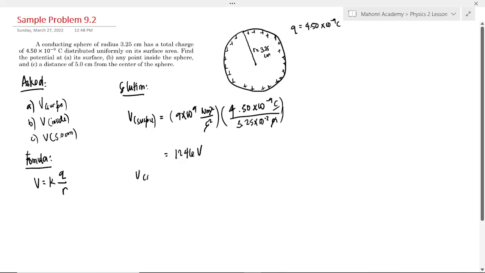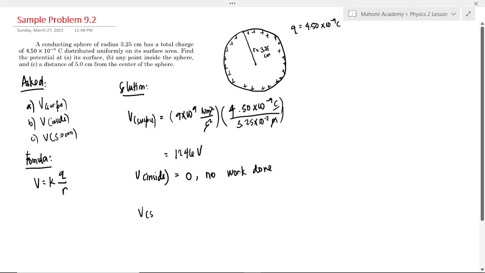Next, let's find the potential inside. The answer is simply 0 because there would be no work done. The reason is because this is a conducting sphere, there are no charges inside. So the charge inside is basically 0, and anything multiplied by 0 is just 0. So the potential inside is 0.